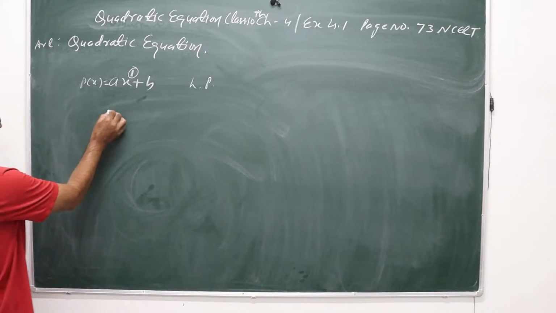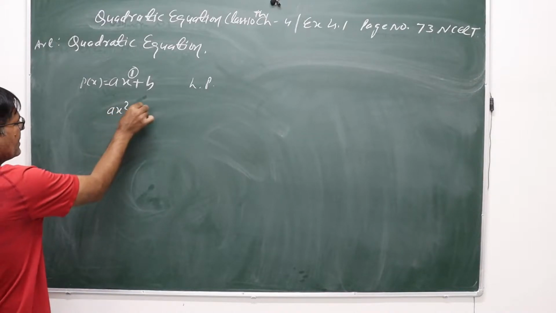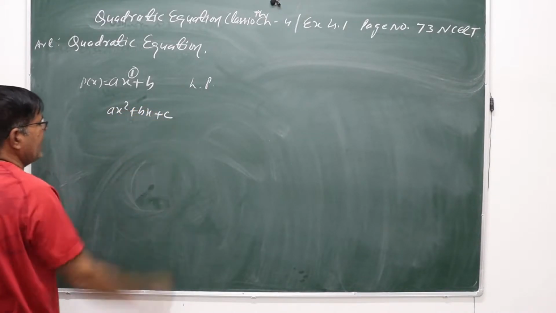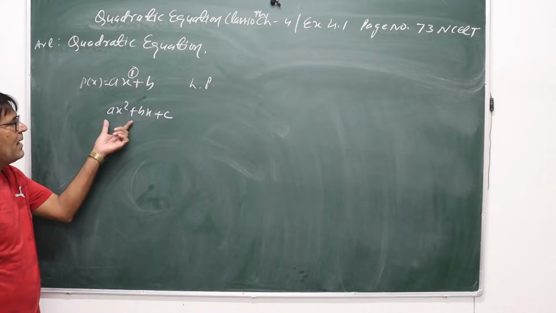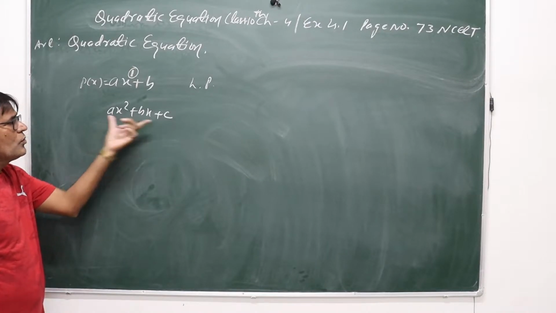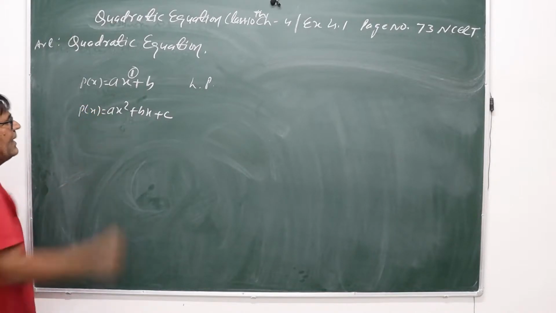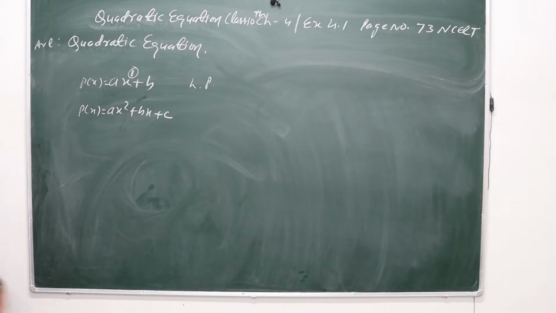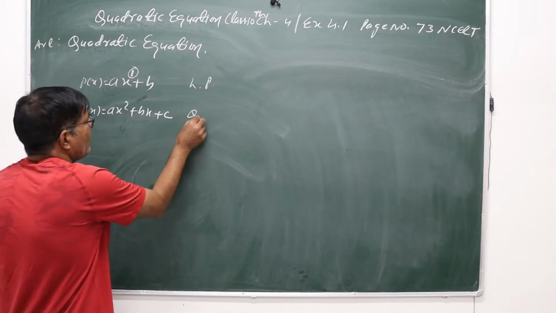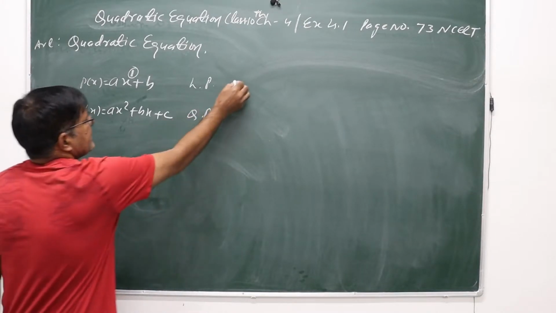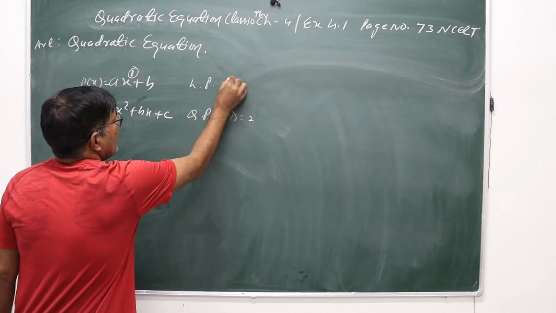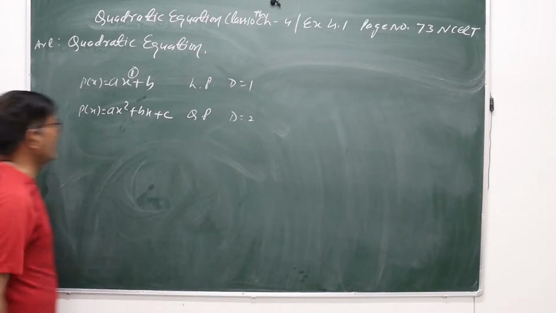Now similarly, a polynomial of the form ax square plus bx plus c, where the highest power of the variable is 2, is a quadratic polynomial. So p(x) equals ax square plus bx plus c is a quadratic polynomial as its degree is 2, linear as its degree is 1.